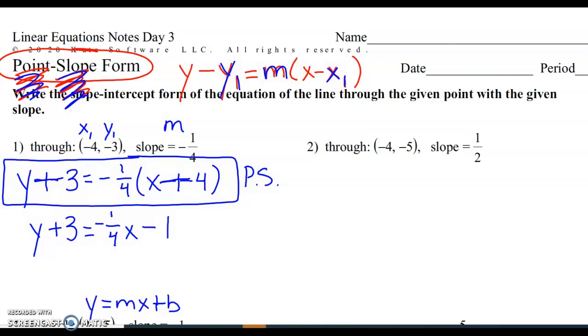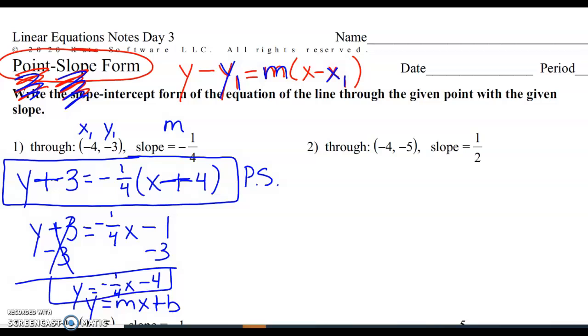So now to get y alone, to get rid of plus 3, we would subtract 3. And that gets us into slope intercept form at y equals -1/4 x. -1 minus 3 is -4. So that is your slope intercept form. So point slope form is a tool that takes a point and a slope and gets you 2 baby steps away from slope intercept form.